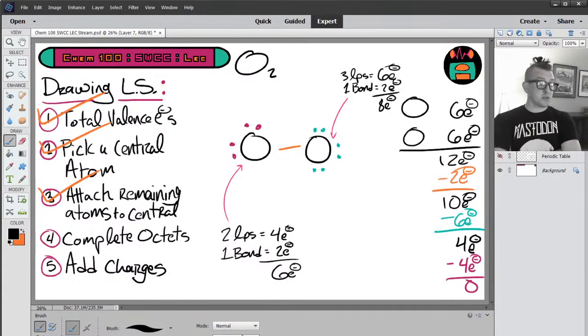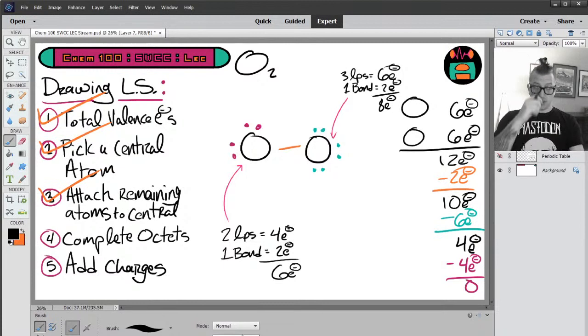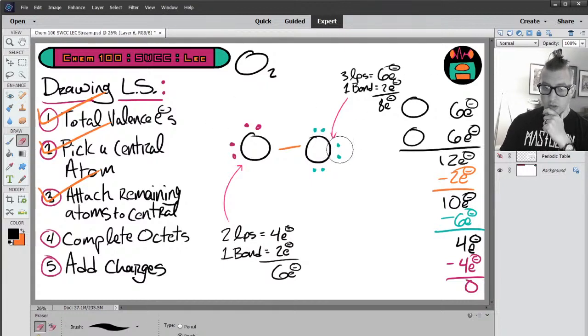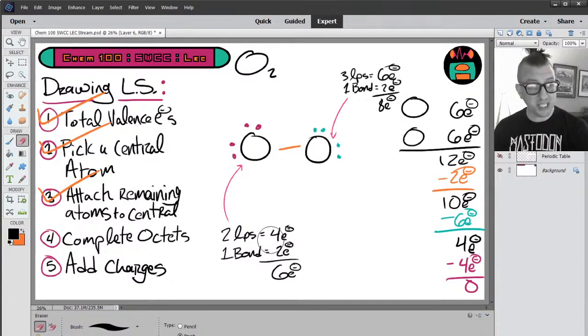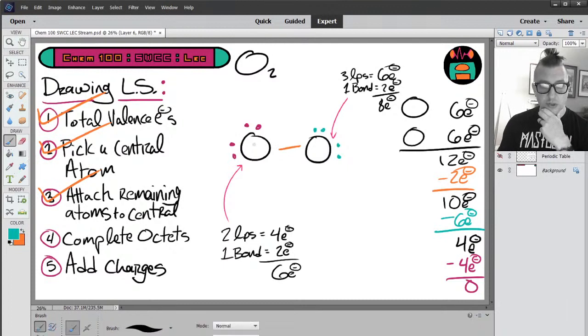Problem is we're out of electrons in our budget, right? This is that same situation where you are missing 2 electrons. The way you solve this problem is you take a lone pair from the oxygen with a complete octet and you turn it into a second bond.